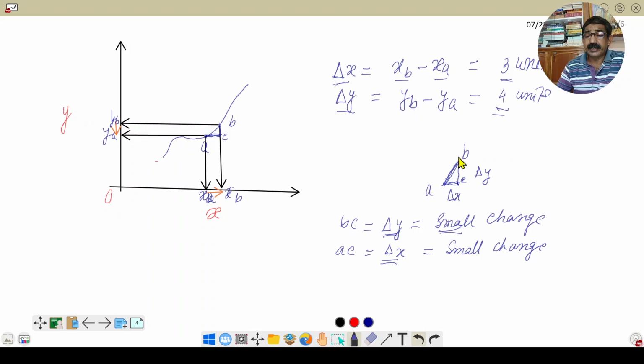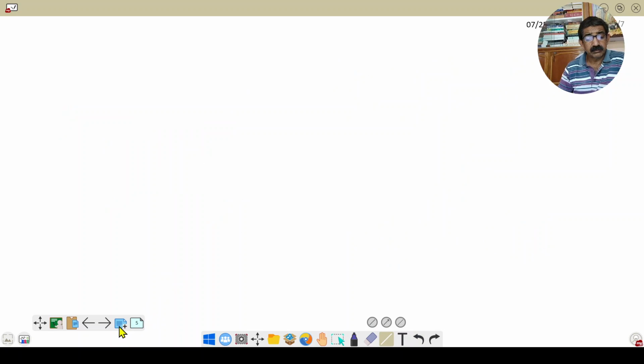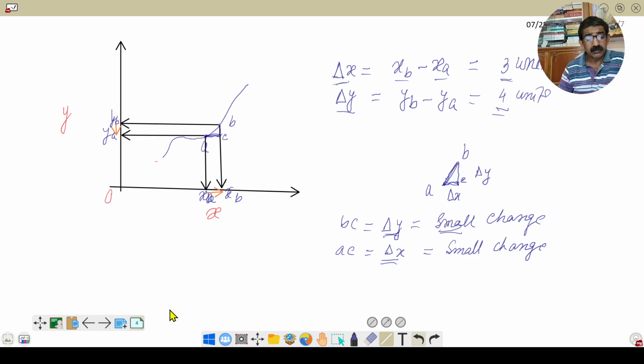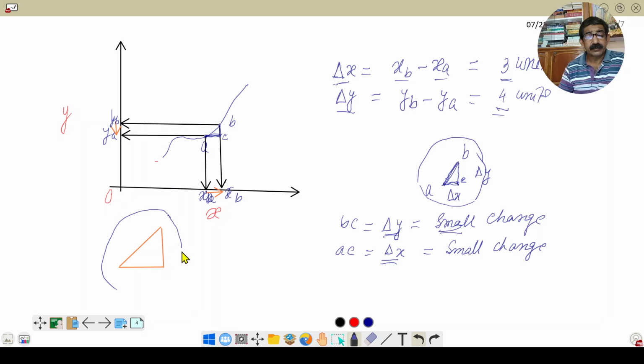Now, delta y by delta x, if we draw this picture more concretely, this picture has been drawn here more clearly.